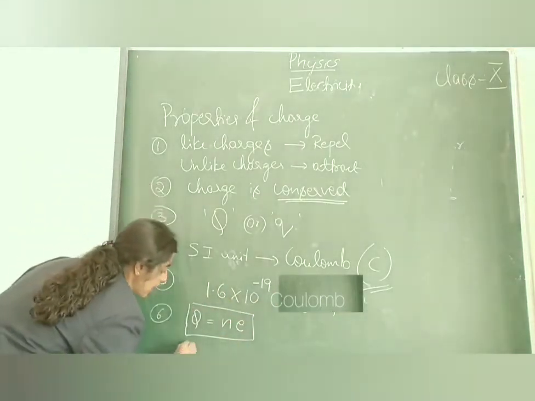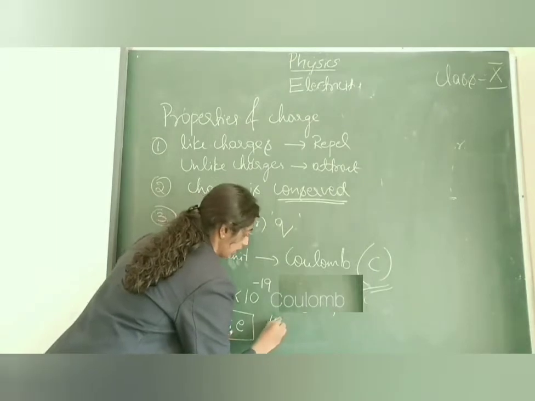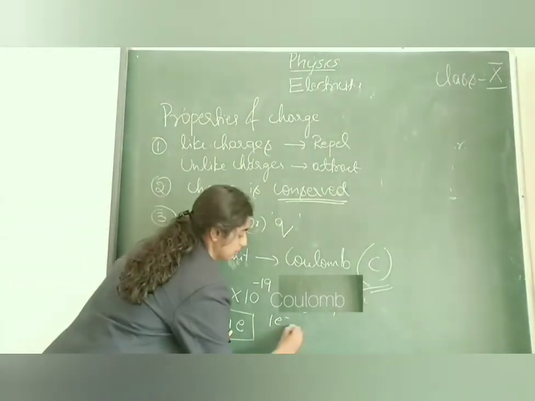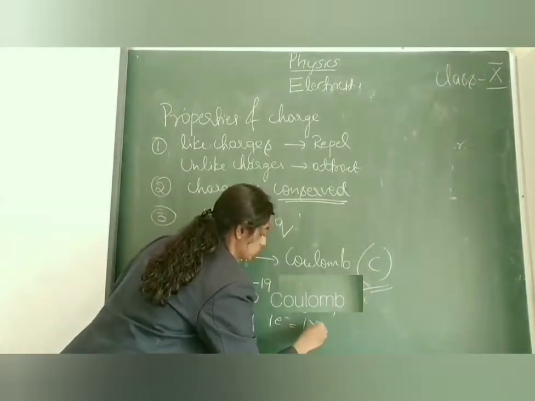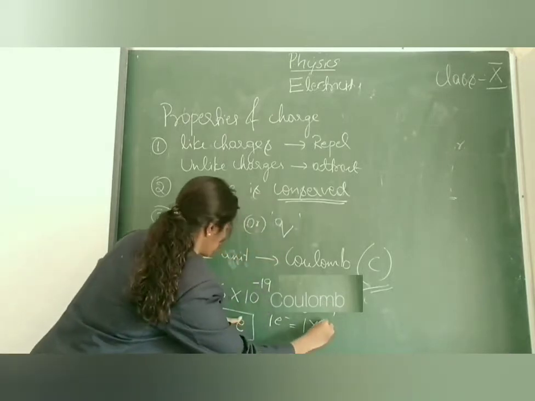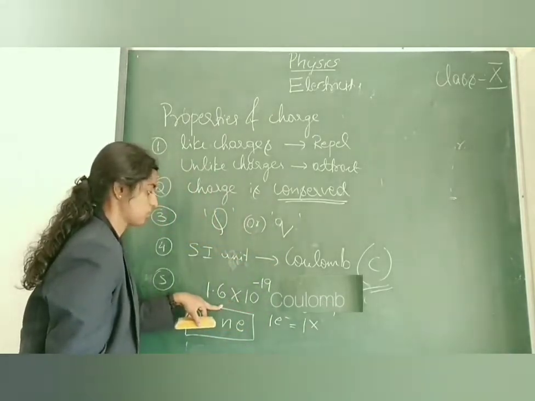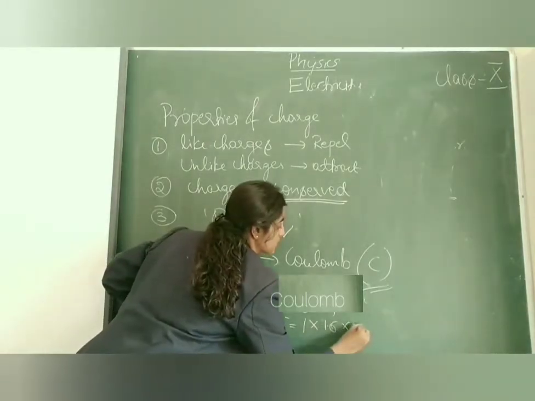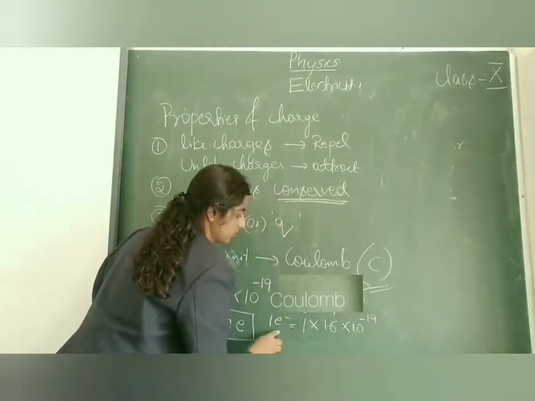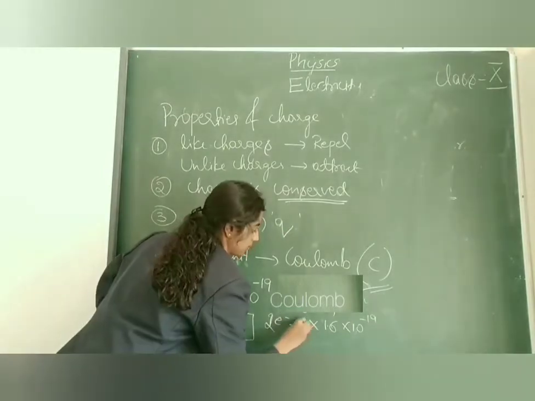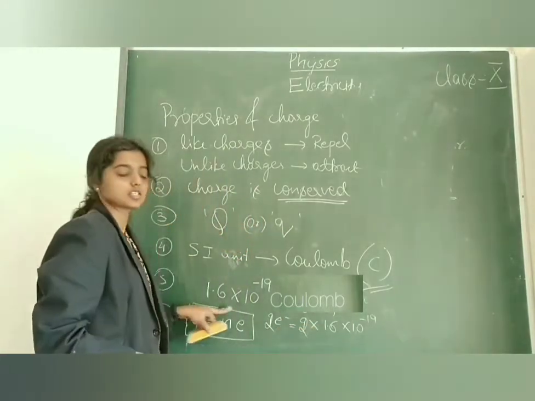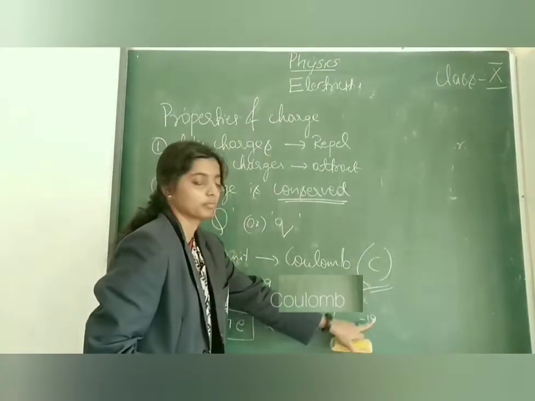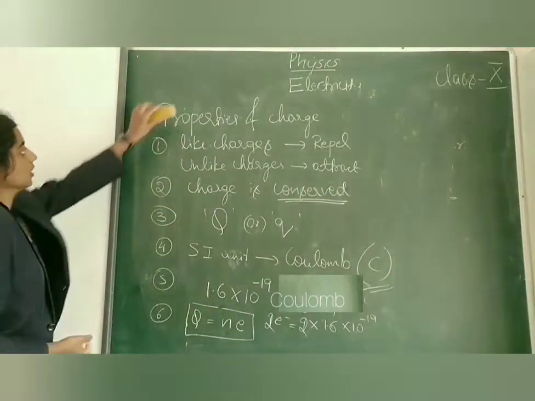For example, one electron can be written as 1 into 1.6 into 10 to the power minus 19. For 2 electrons, we will write the same way. It will be 2 into 1.6 into 10 to the power minus 19.